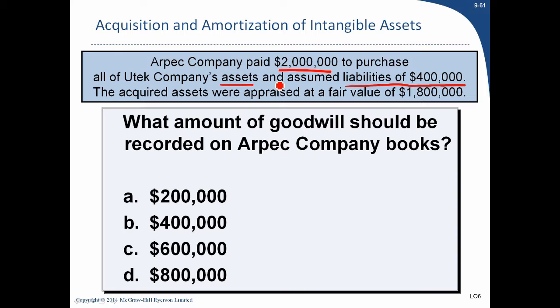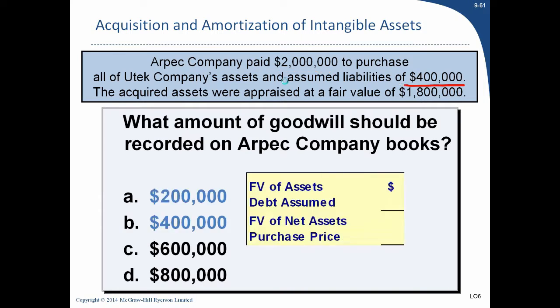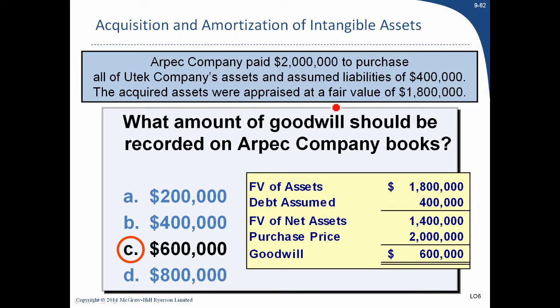Well, okay, let's see. The assets are worth 1.8 million, right? The debt sitting on the balance sheet was 400 grand. So the net assets, or the equity, was only worth 1.4 million. RPEC, for some reason, paid $2 million.